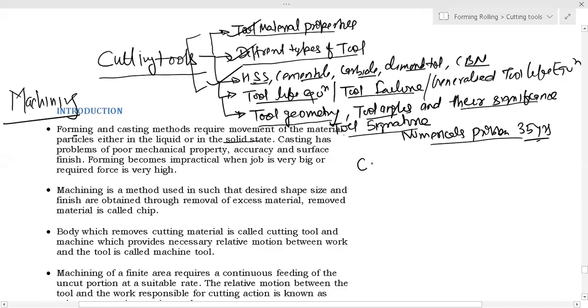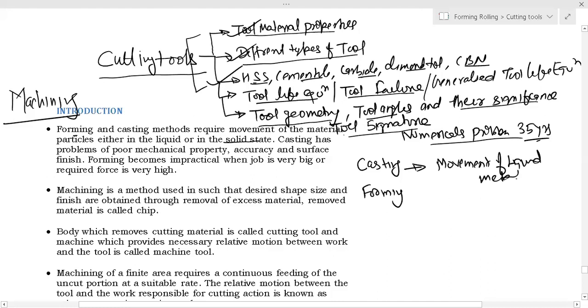So you have casting and you have forming. In casting, what happens? You pour the molten metal in a cavity, right? You allow it to solidify, and you take the casting from the mold. Finally, you machine it. So there is movement of liquid metal.